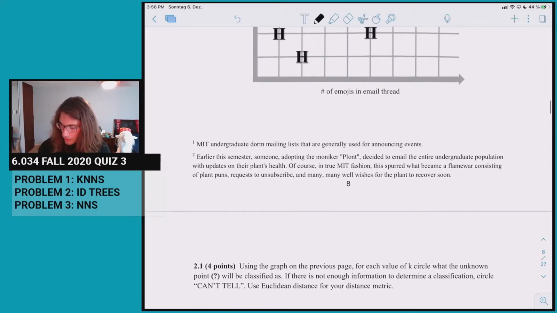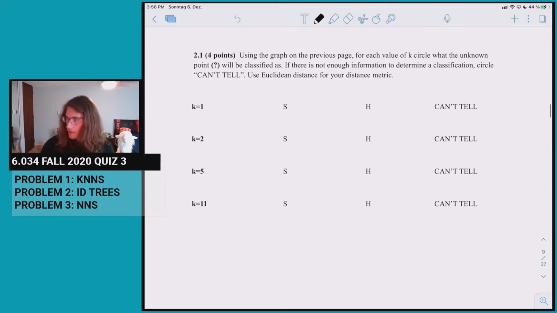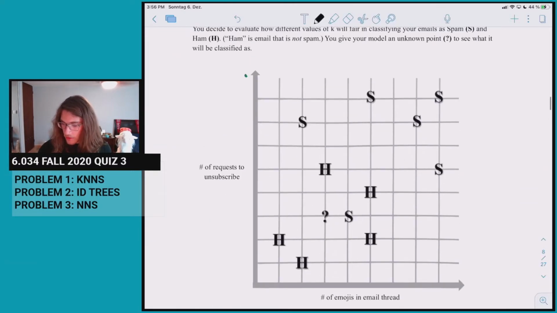Feel free to read the footnotes in order to make sense of them. So I no longer have the graph. I'll zoom up and down accordingly. So we're looking for k equals 1, 2, 5, and 11.